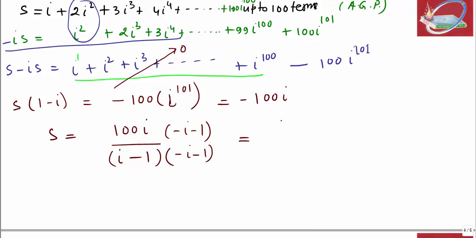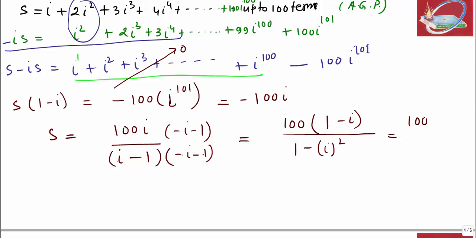So what we are getting here? 100 times i, if we multiply i by minus i, so minus i square, that is 1, and i minus 1 times minus i minus 1 is like a minus b times a plus b, so this is a square minus b square, that is 1 minus iota square, that is 2.